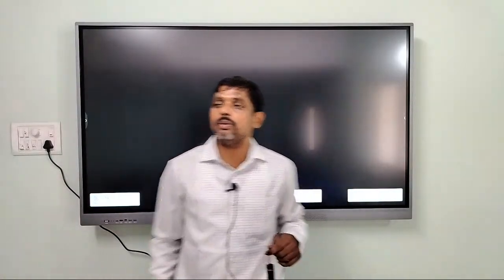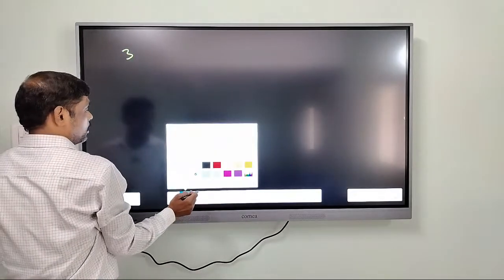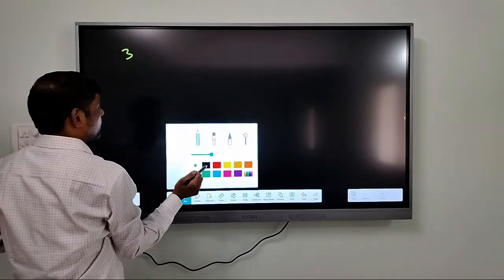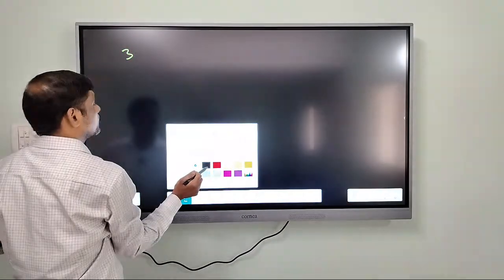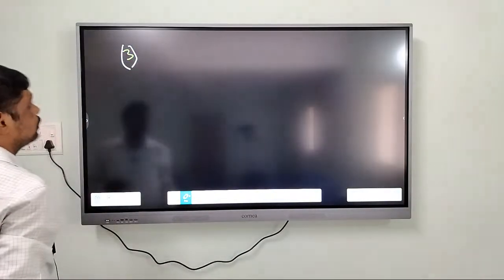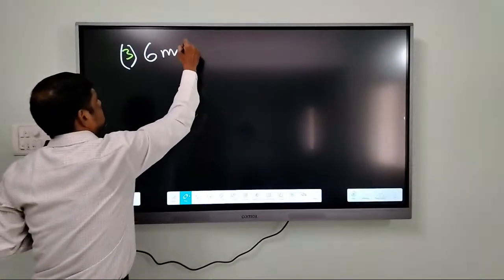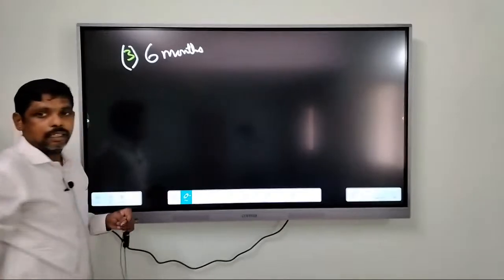Alright, so next, the ordinance issued by President of India will be in force for a period of 6 months. Right?